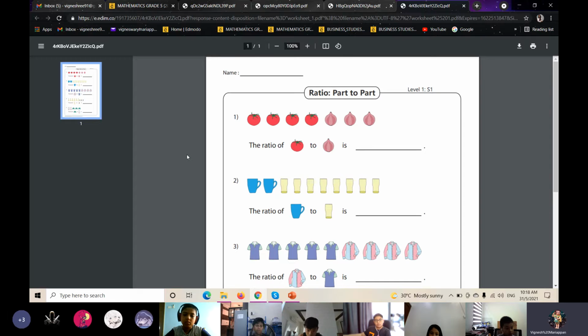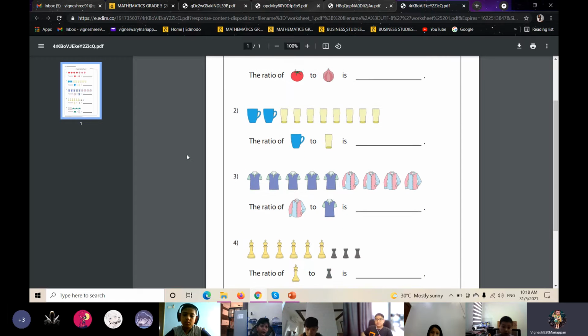Okay, number 2. Any volunteer? What is the ratio of blue cups to yellow cups? 2 to 8. Very good.